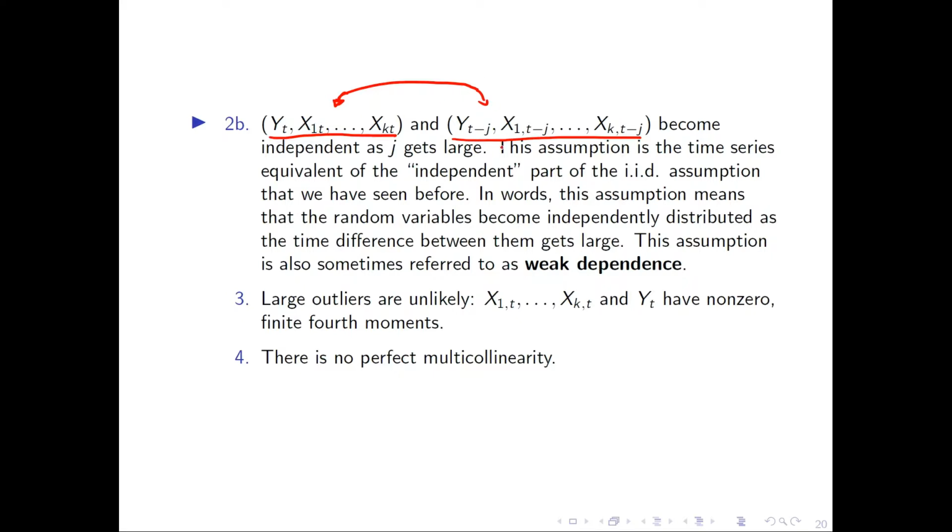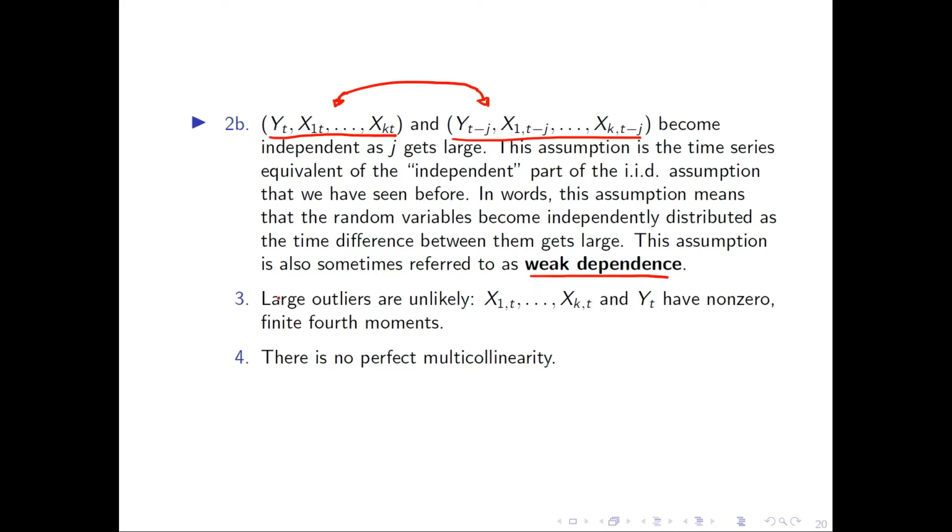And this means that they are independent, and then identically but independently distributed. And this assumption is called weak dependence because it does not hold strictly, but the relationship between these draws tapers off as the time span between them becomes larger.